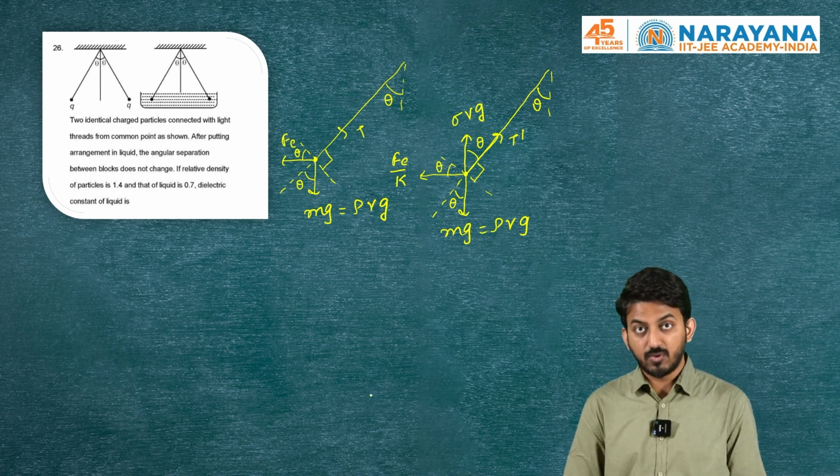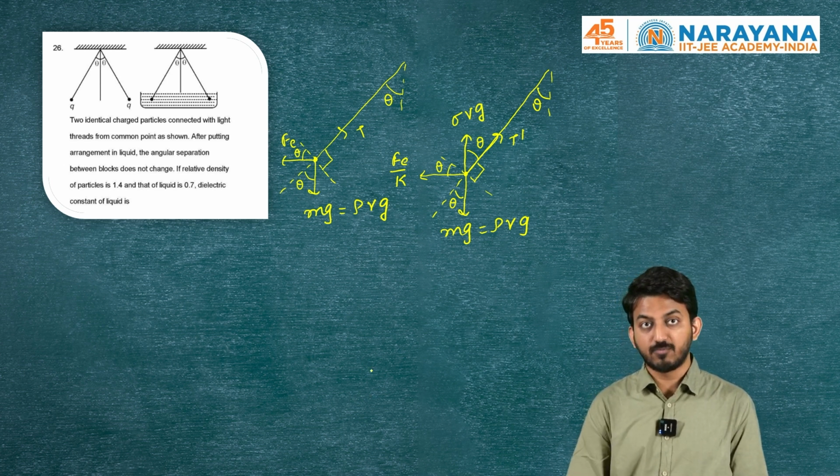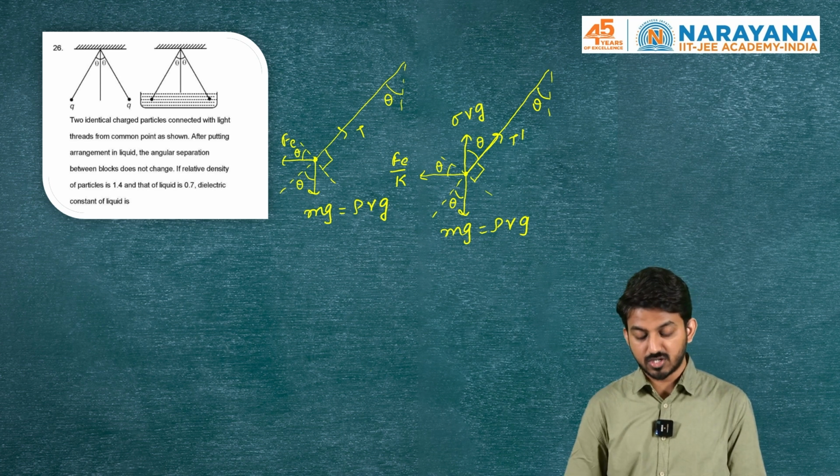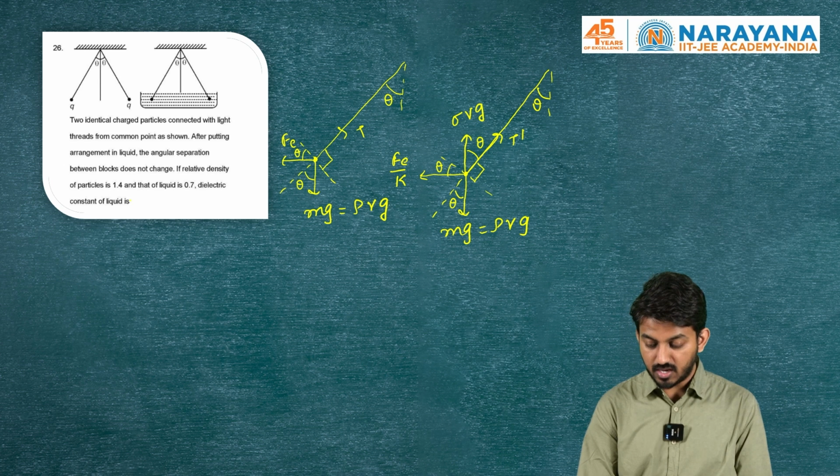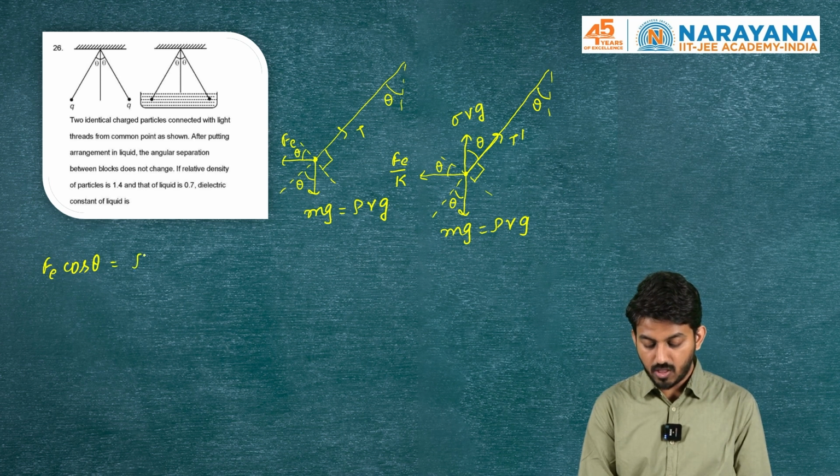Now, in case of equilibrium, forces perpendicular to the string must balance each other. So from the first case, I can write down Fe cosine theta is equal to rho Vg sine theta. That's the first equation.